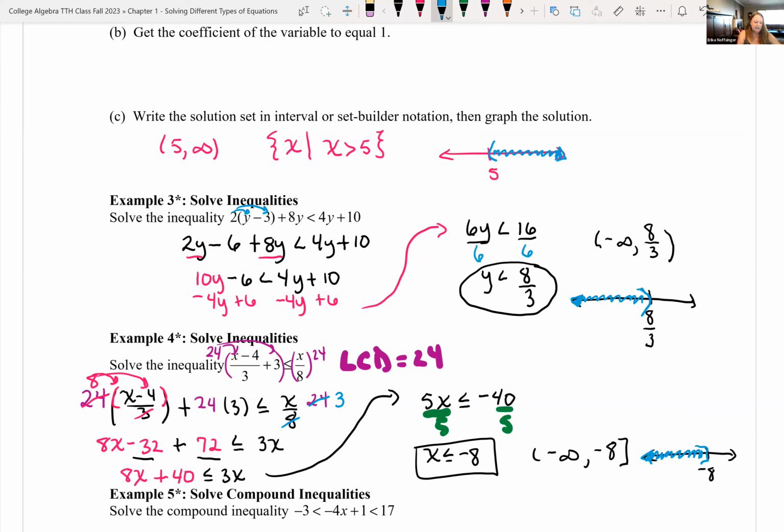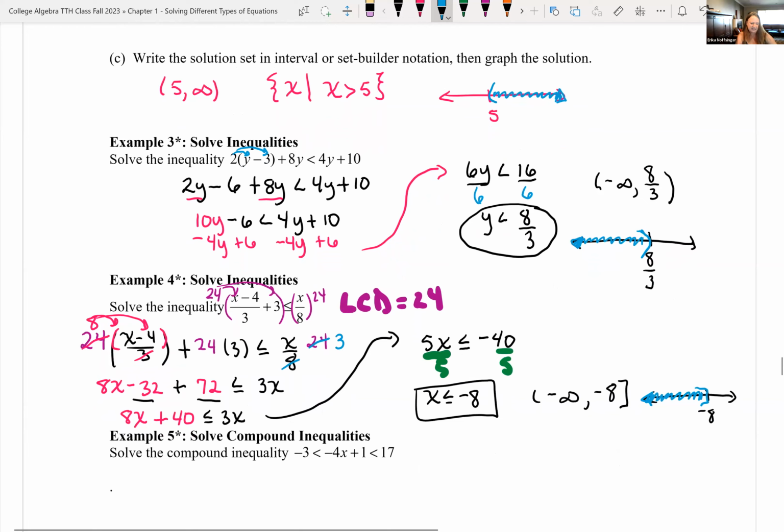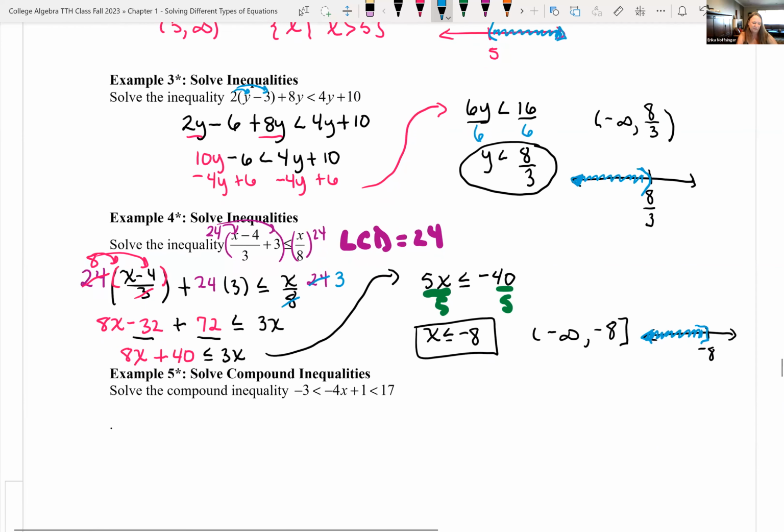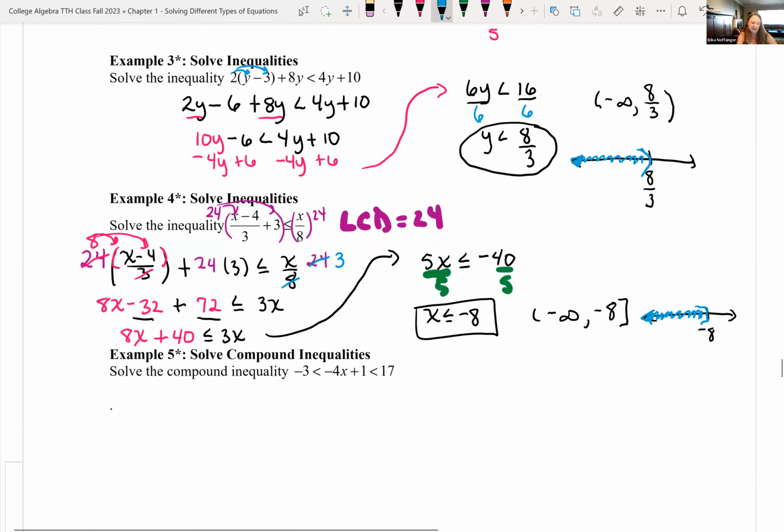The next problem is called a compound inequality. Notice that in this inequality, there's multiple inequalities there. So we have -3 is less than -4x plus 1, which is less than 17.